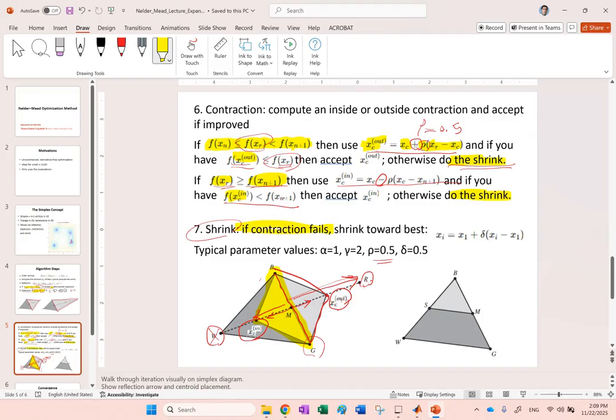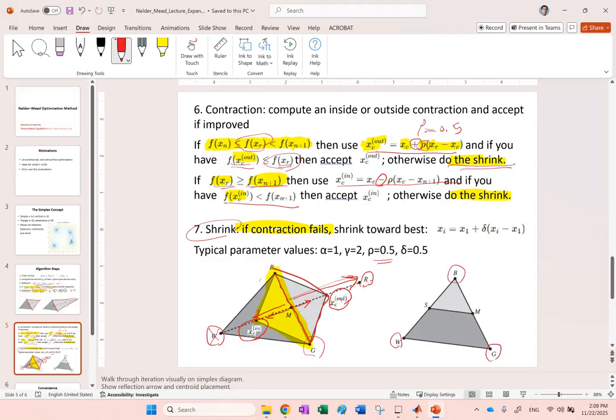So now go and do a shrinking. What does shrinking do? Let's look at the formula. It says x of i equals x1 plus delta times x of i minus x1. What does that mean here? Look what it does. So here, remember, you had the best point, you had the worst point, you had the good point.